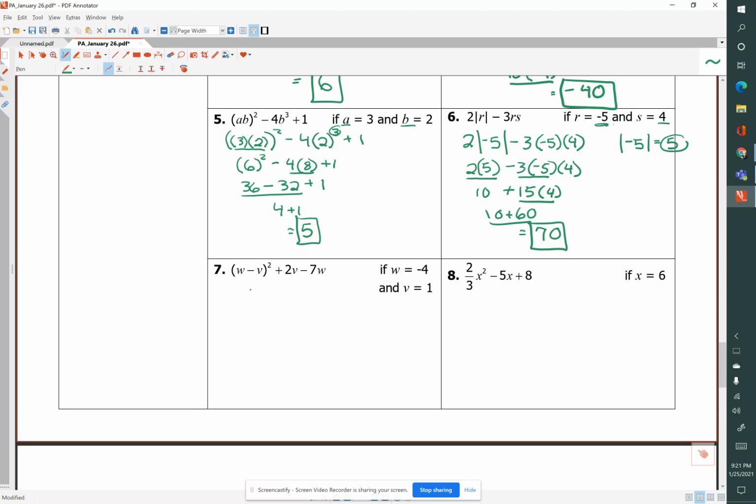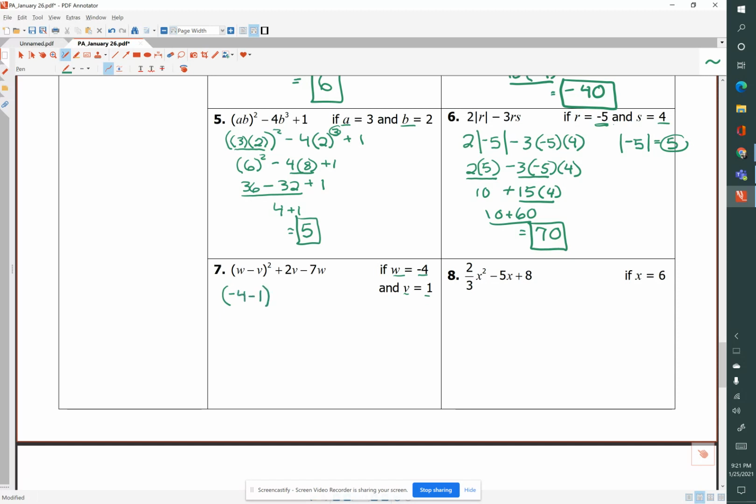Okay, number 7. We've got w minus v, and that quantity is squared, plus 2 times v minus 7 times w, where w equals -1 and v equals 1. So let's start substituting. So we have w minus v, so that would be -4 minus 1.